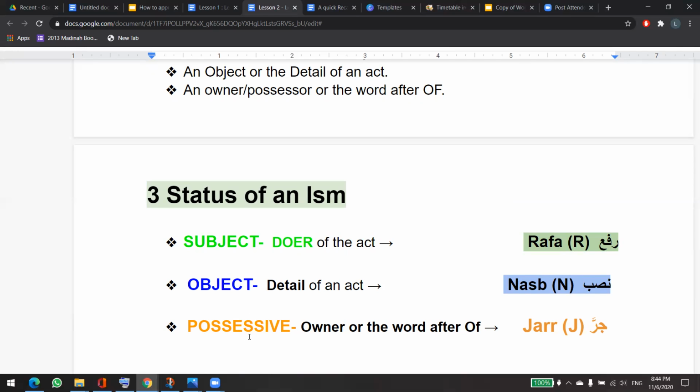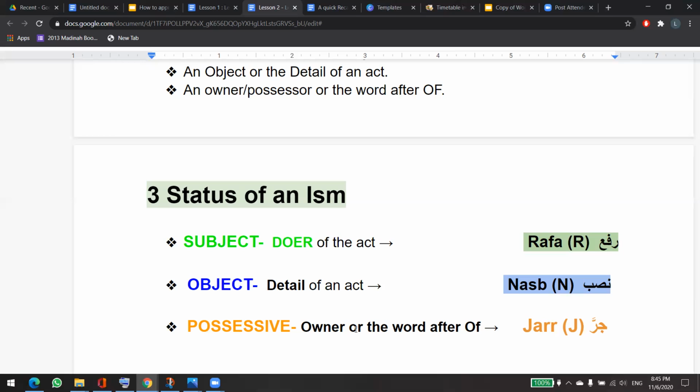And possessive, the third status is jar status. Jar status in English we call possessive case, or possessive status. Which type of ism is jar in status?